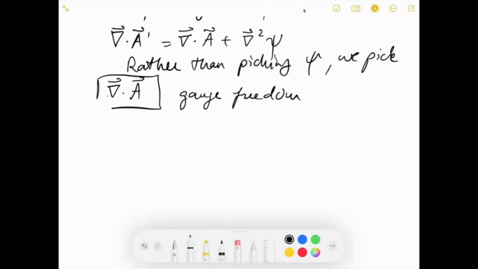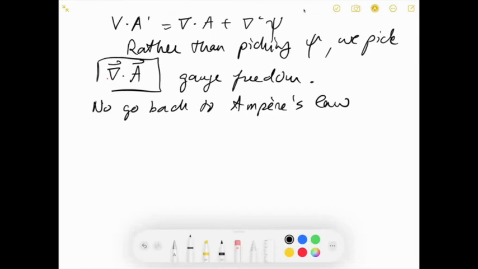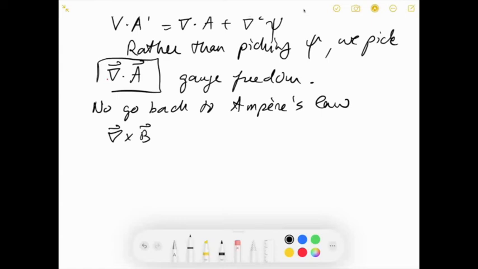Okay, so if that's the case, then we can go back to Ampere's law. So in differential form, Ampere's law, curl of B is 4 pi over c j.